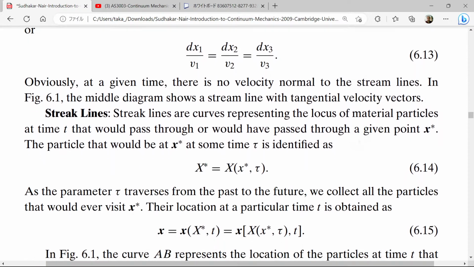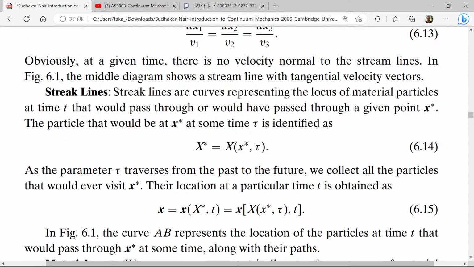Streak lines are curves representing the locus of material particles at time t that would pass through or would have passed through a given point x star.